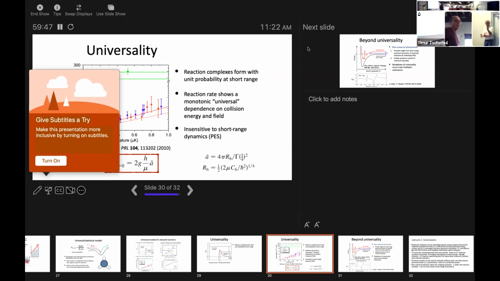Well, I think it's where the universality is lost, because then we really need to know the details of what happens at short range. No, not necessarily, because universality comes from the entrance channel. If you observe loss, it goes through many final channels, but you don't care, right? And your universal model is still fine, it's doing great. But once you start looking at state-to-state, obviously the state-to-state rates are smaller than the total loss rate, right?